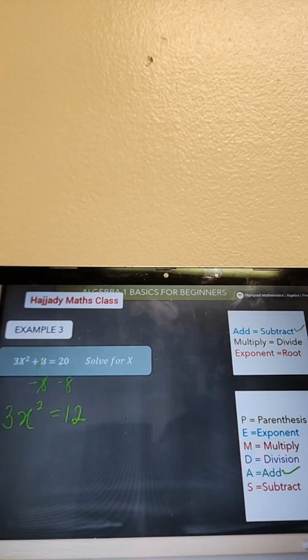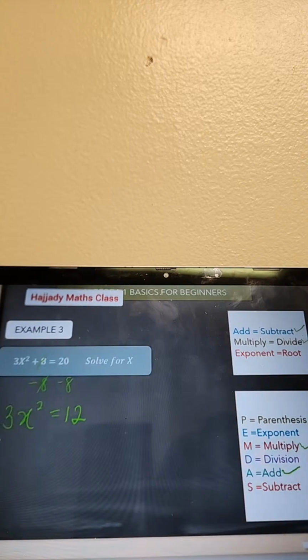That is done. Now, you ask, do we have division? No. Do we have multiplication? Yes, we have. If you have multiplication, you introduce the division, which is the inverse. That is, divide both sides by 3, which is the value multiplying the variable x.